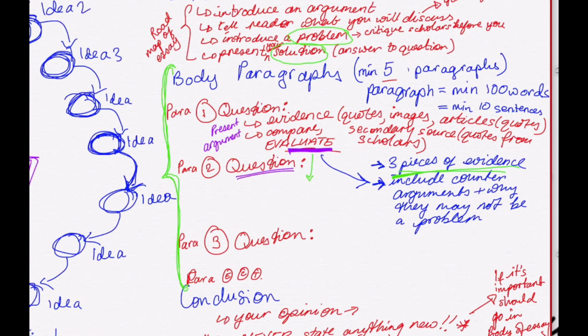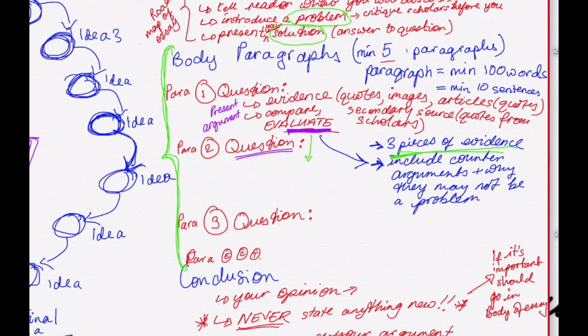Okay, so a summary of evidence. Evaluate doesn't mean a summary. So evaluate is you are weighing things up. You are looking at the strengths, the weaknesses, the shortfalls. You'll be looking at why is it strong, why is it weak, and to what extent?